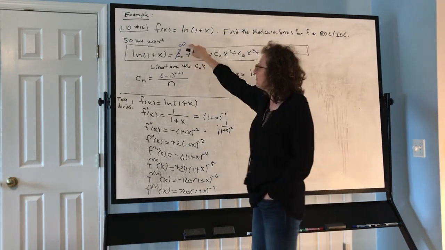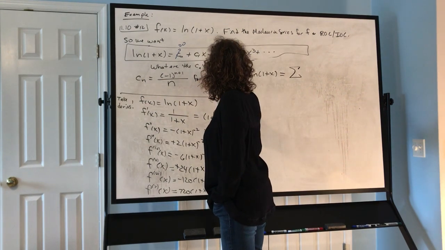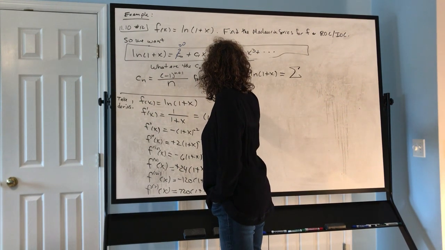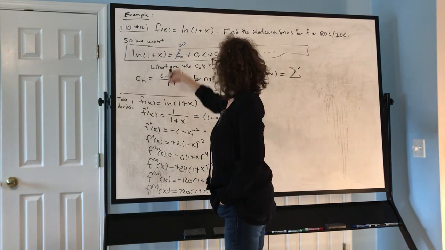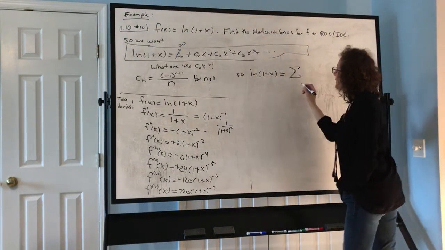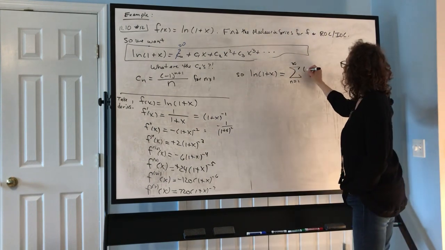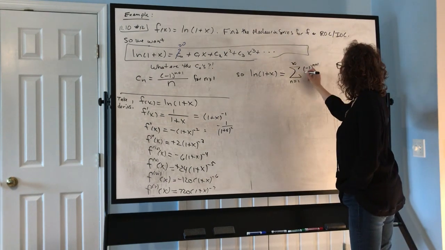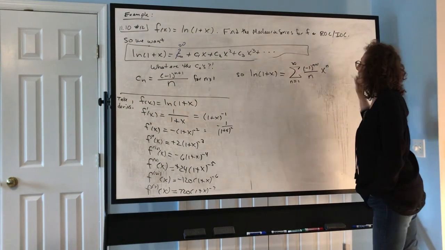Well, notice our C0 is 0, so this is obviously for n greater than or equal to 1. n equals 0 wouldn't make any sense. We already said C0 is 0. So our sum for natural log is going to be the sum from n equals 1 to infinity of minus 1 to the n plus 1 over n. Those are our Cn's, times x to the n.